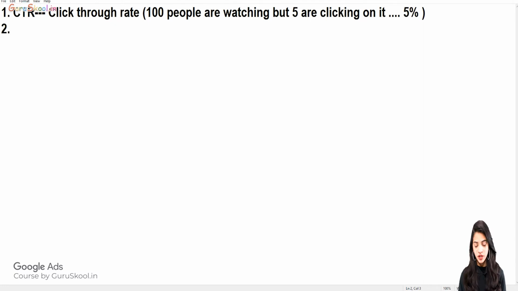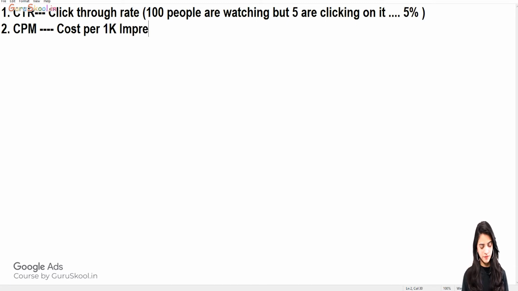My second point is going to be CPM, and that means cost per 1,000 impressions. It means how much Google is charging to show your ad. It's really simple.